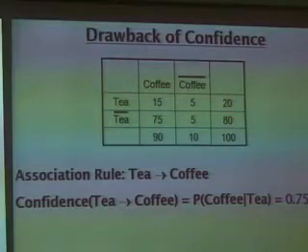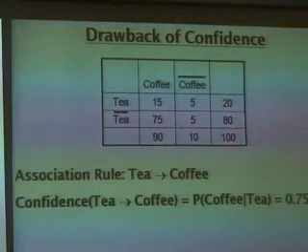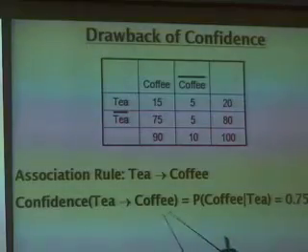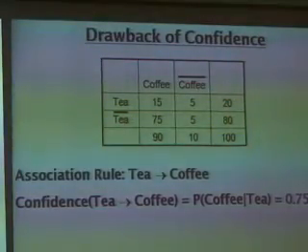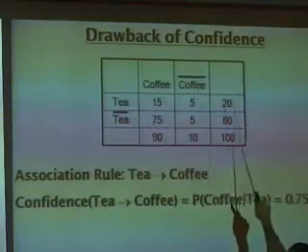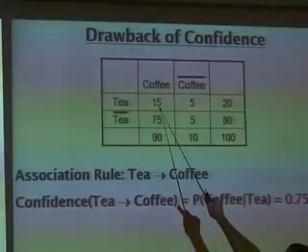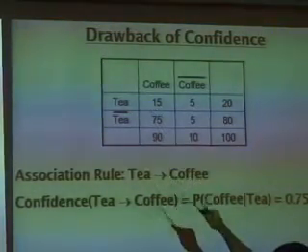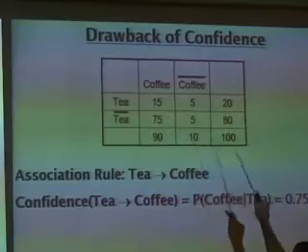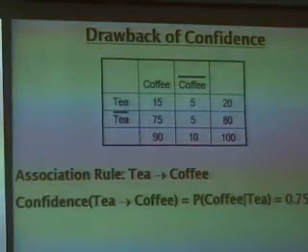Think about the confidence for tea implies coffee. Of the people that got tea, of these 20 people, 15 of them also bought coffee. So the confidence for tea implies coffee is 15 out of 20, 75%. And you say, if someone buys tea, there's a 75% chance that they're going to buy coffee.